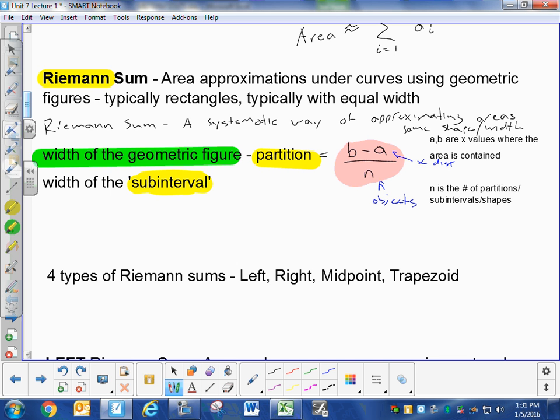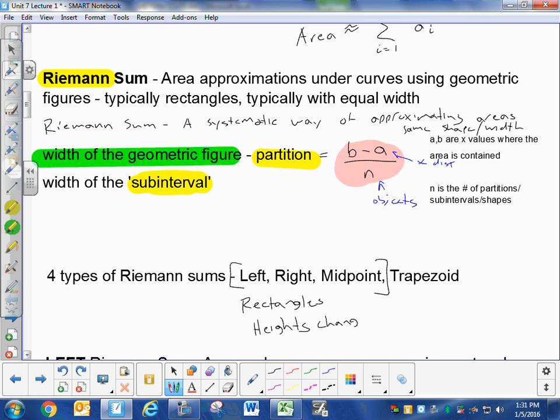Okay? The left, right, and midpoint sums are all using rectangles. The bases are pretty much going to be the same. It's all going to be about the heights: height on the left, height on the right, height in the middle.